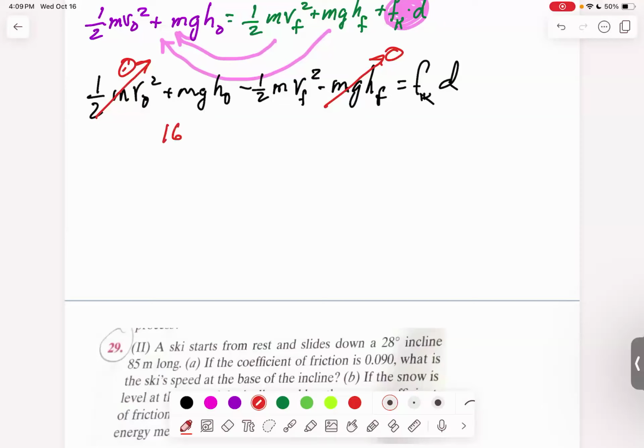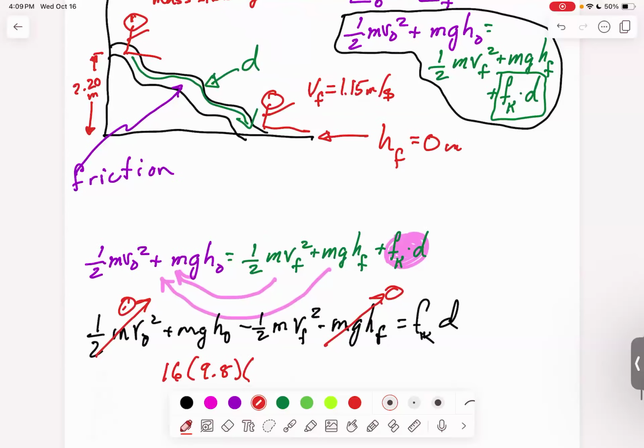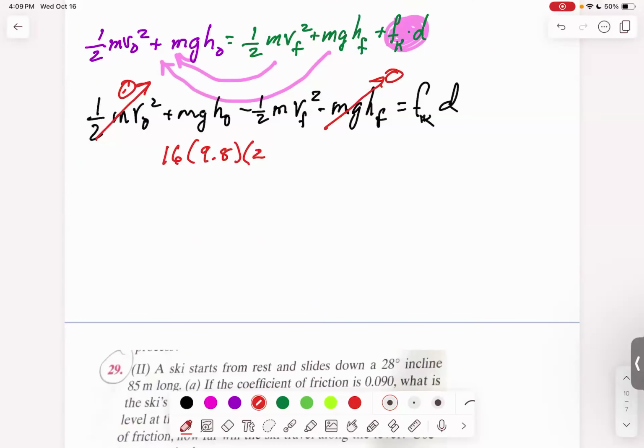So 16 times 9.8 times her initial height, that was the 2.2 meters, minus the 1/2 times 16 times her final velocity squared, which is that 1.15 meters per second. And that's going to give us some number in joules.